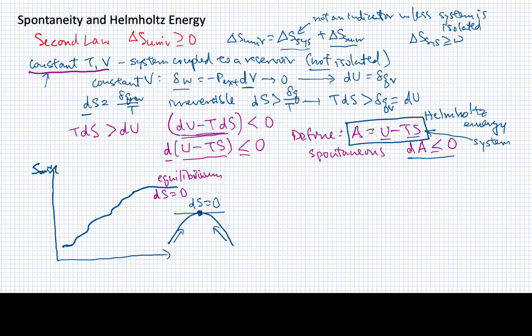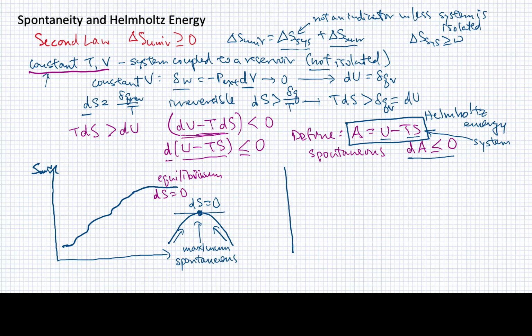So in other words, we are trying to achieve a maximum in order to get to the equilibrium point for this spontaneous change. Once we have reached that equilibrium, there no longer is any change in the system, spontaneous or otherwise. So how does this Helmholtz energy compare?